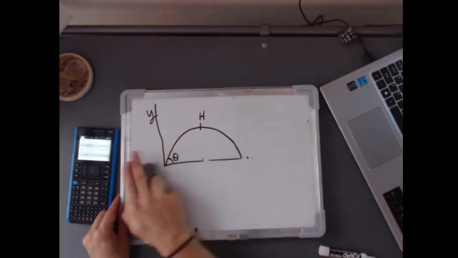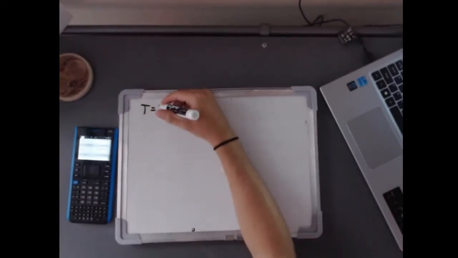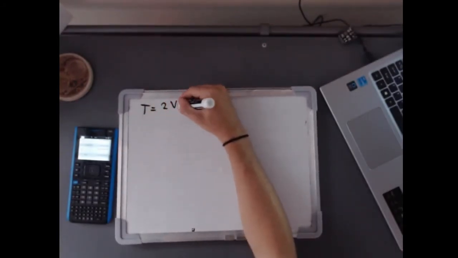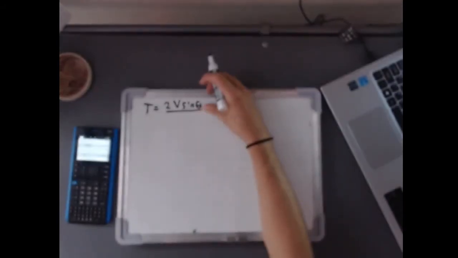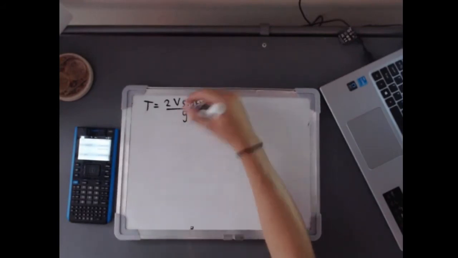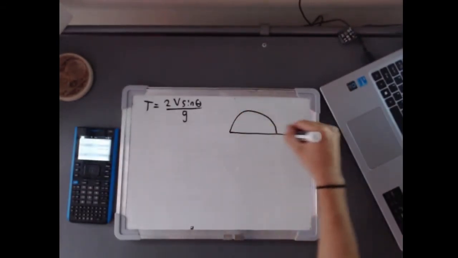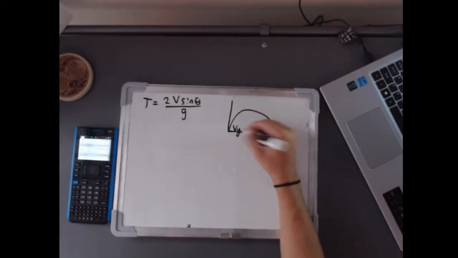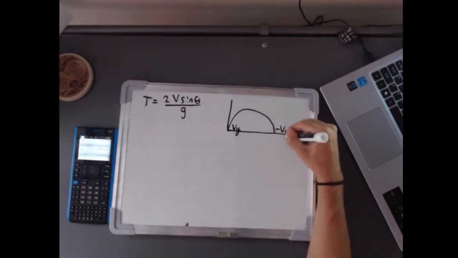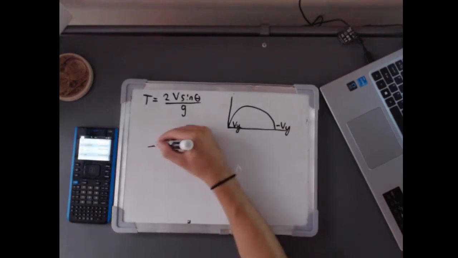Next up, we need to find height. Let me erase this and write down what we just found out. t is equal to 2v sine theta over g. Another way to find time, which is probably a lot more useful, is to use the velocity at the beginning, which is vy, and the velocity at the end, which is negative vy, because it's traveling in a different direction, and just plug that into the second kinematic equation.